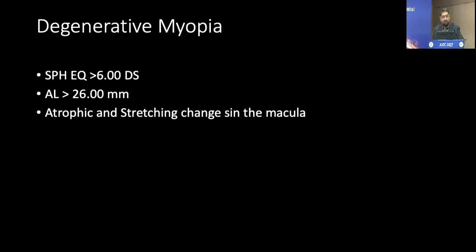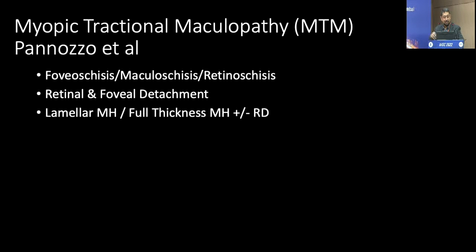We have a definition for myopia that is spherical, more than minus 6. Let's leave all of these things. So we go directly to tractional maculopathy. We have a few conditions we are dealing with: foveal schisis, macular schisis, and retinoschisis, 3 schisises. For the sake of myopic maculopathy, we have to think of these 3 things as a continuum.